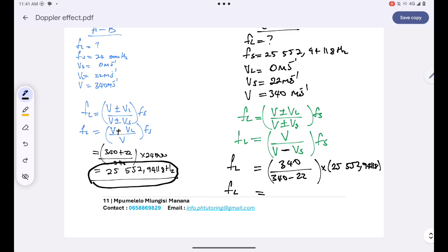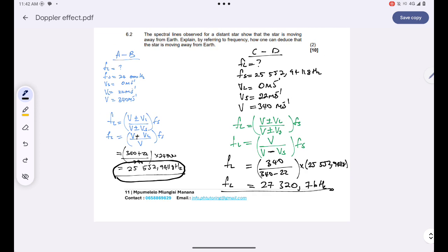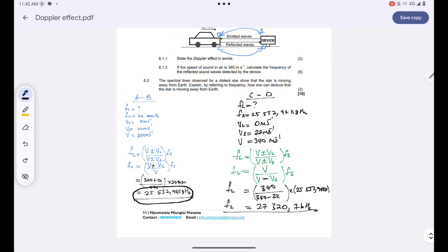This will give me 27,320.76 hertz. So the device will detect the reflected frequency of 27,320.76 hertz. That's how, guys, we're supposed to tackle that question over there.